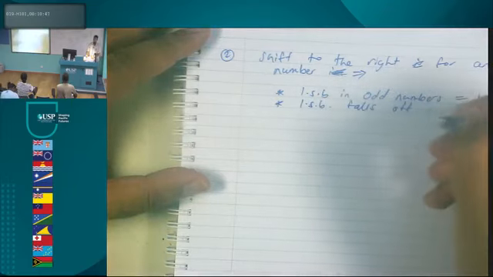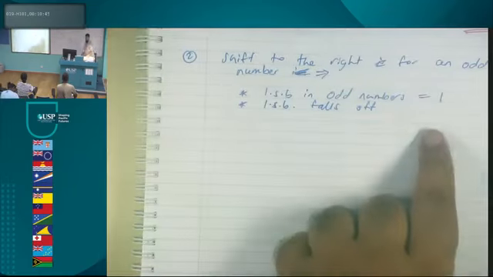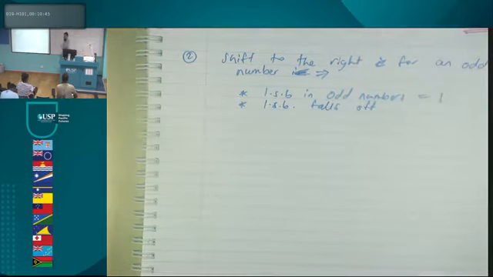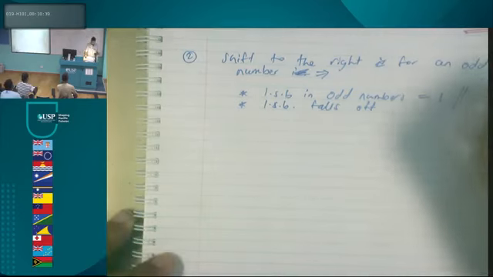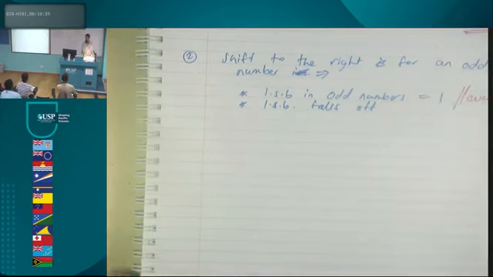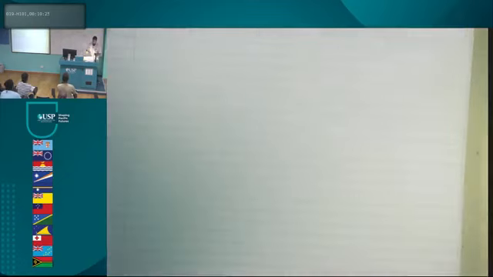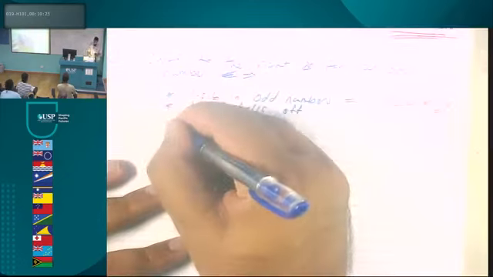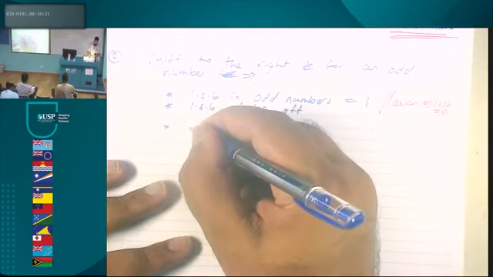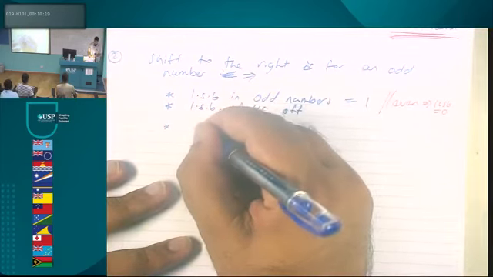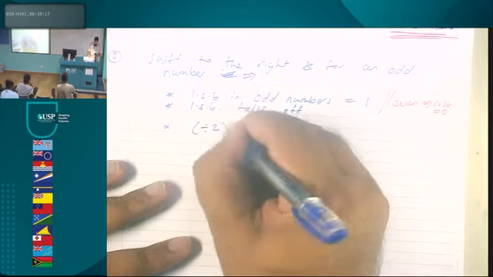falls off. Have you noticed, LSB in odd numbers is equal to 1, and you could say for even numbers LSB is equal to 0. Now LSB falls off, so therefore shift to the right results in divide by 2 and then round down.